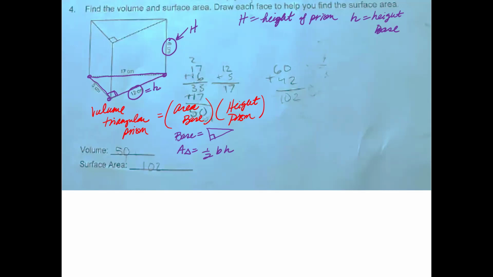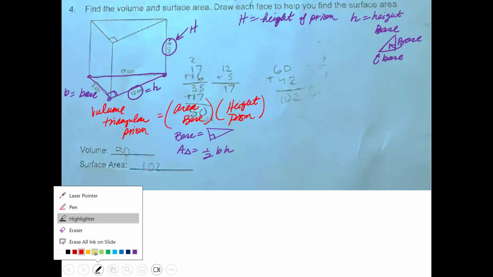The base, so there's a difference here. Little b is the base of the triangle. Capital B is the area of the base, as in this triangle is called the base. Do you see that? That's the base. I know it's very confusing, but do you see the difference there? I'm going to highlight this.